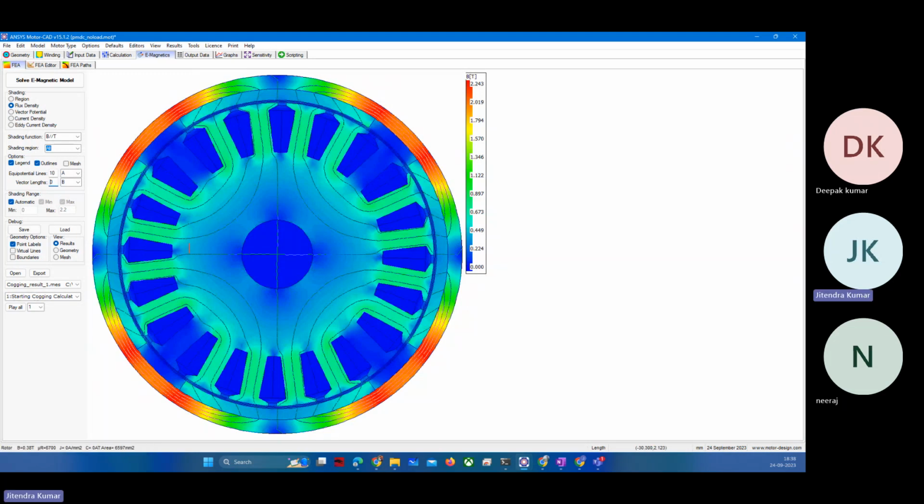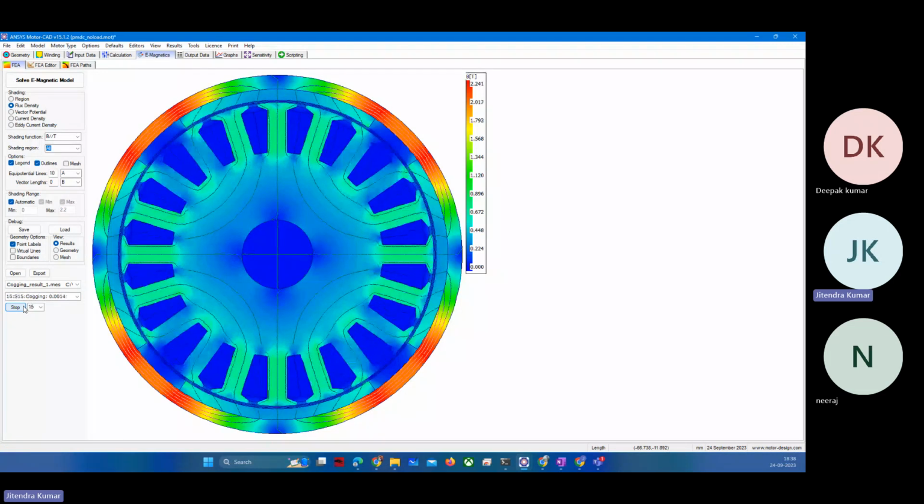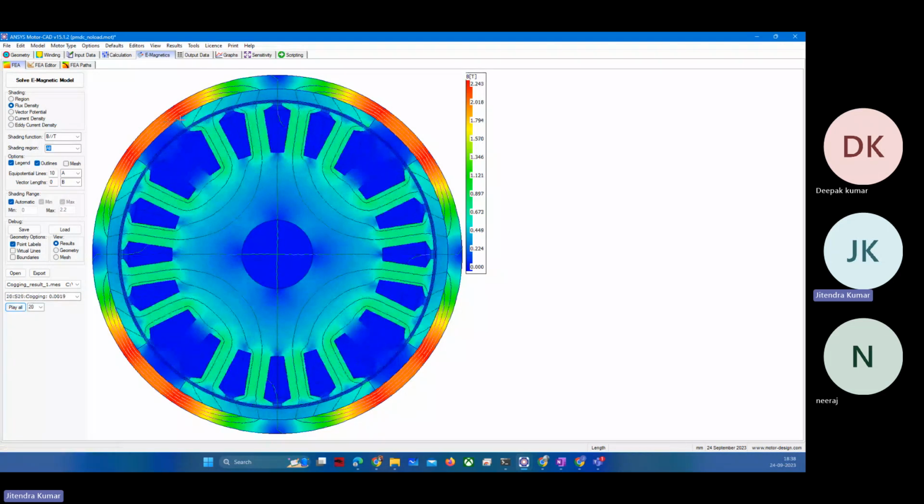So the total number of flux loops will be equal to your number of poles, right? You can see there are 4 poles. Yes, sir. This is how your armature will rotate, and your stator will be stationary.